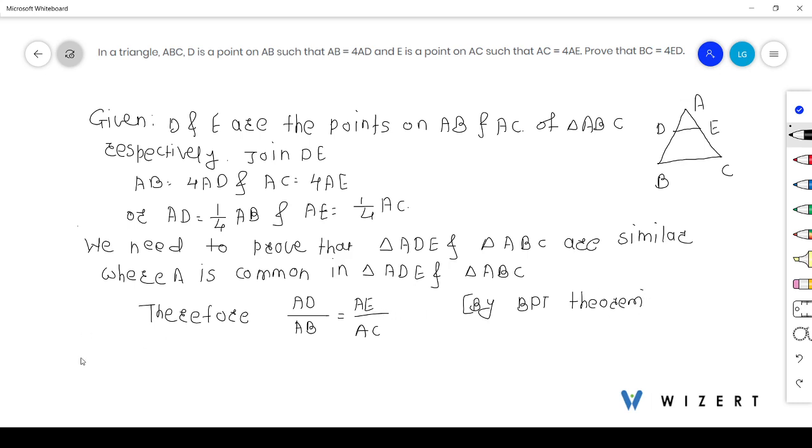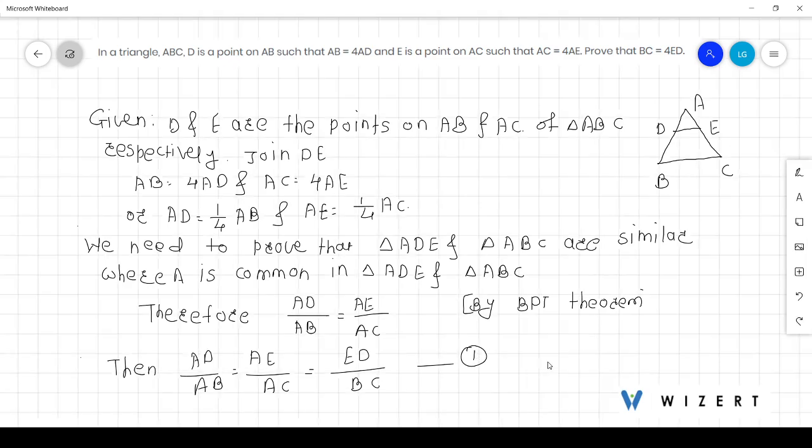Okay? Then AD upon AB equals AE upon AC equals ED upon BC. Suppose this is 1.